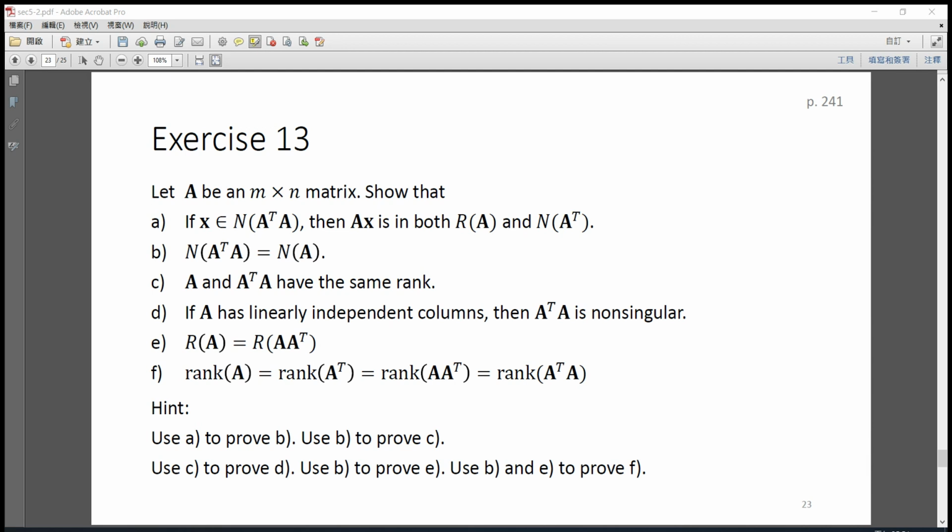Exercise 13 presents some well-known results regarding the fundamental subspaces of A^T A and the fundamental subspaces of AA^T. You can use the following hint to prove the 6 statements, and the proofs can be found in the last page of the slides.